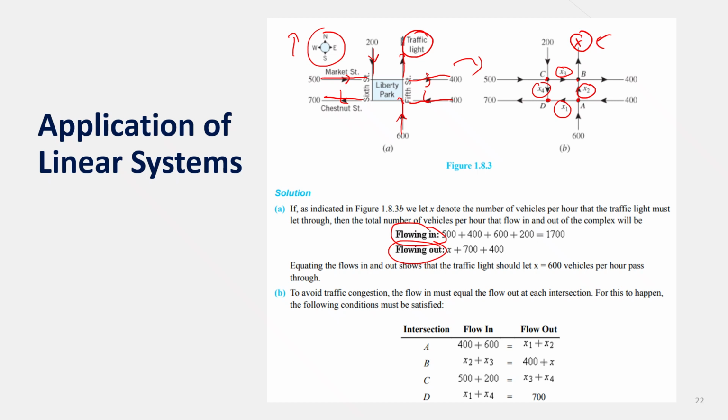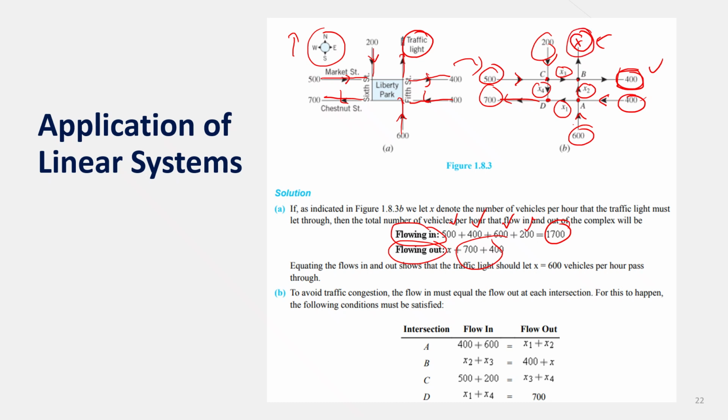We know that the ones flowing in are the ones with this arrow. So you have 500 here, 400 here, 600 this one, and 200. Then it equals 1700. The flow out: this one 700, this one 400, plus the last one, x here.